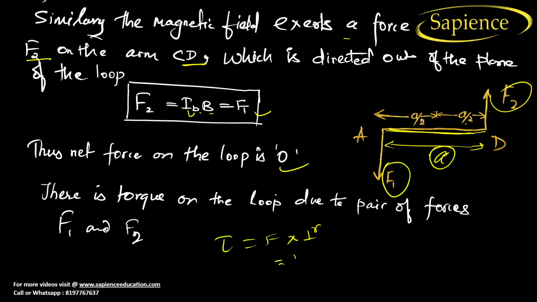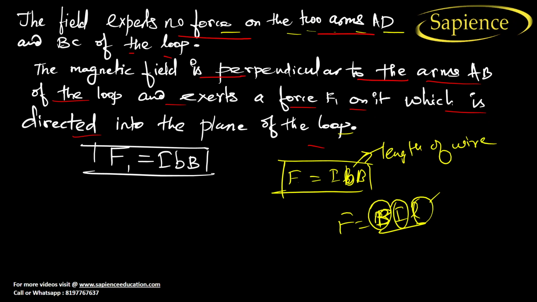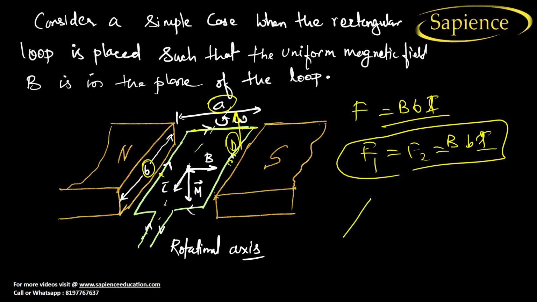So if you want to find the torque, torque will be equal to force into perpendicular distance. So this is equal to capital B, I into b into a. Now b into a is what? See here, if you see this rectangular coil, it has a length b and this is a.